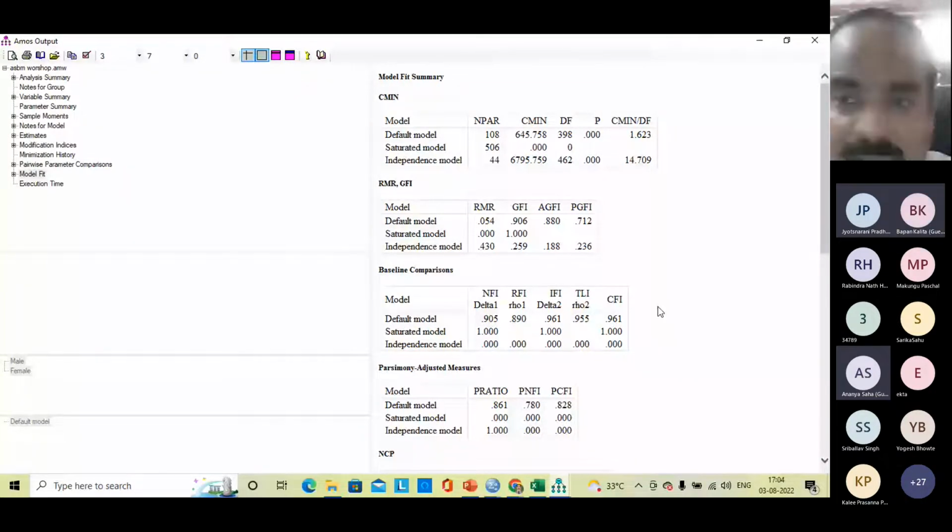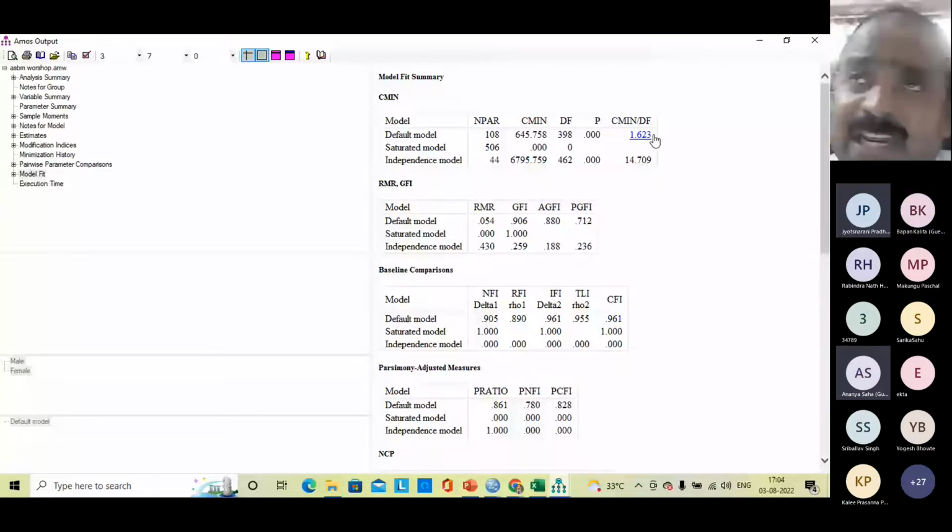And the CMIN divided by DF, this is nothing but chi square, and this should be less than 3. I have already said repeatedly in my sessions 3 and 4. So it is 1.623, which is less than 3. Again, another fit index is saying the model is fitting happily.